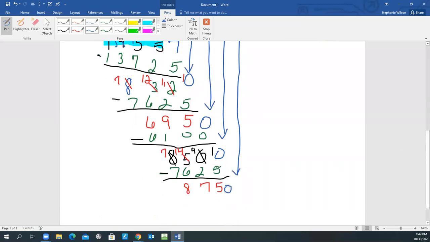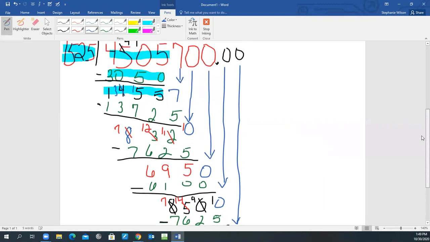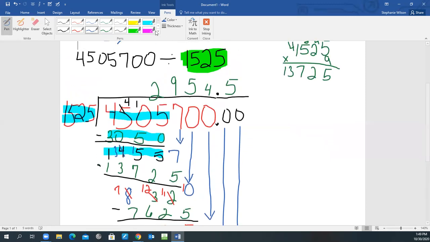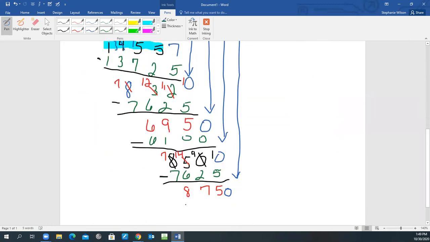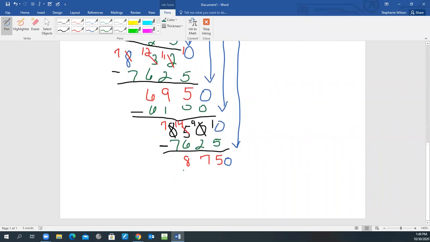So let's try 7 or 5 again, right? Because 5 times that 1525 gave us 7625. Let's try 5 again. So I'm going to bring it back up here to the top. So this becomes 7625 down here underneath the 8750.